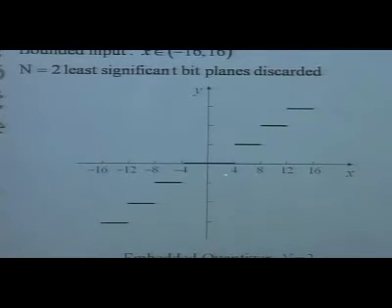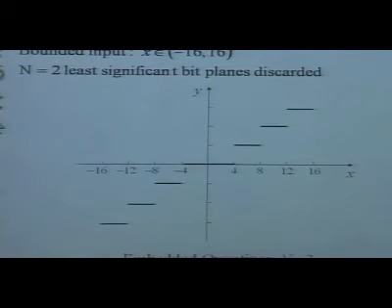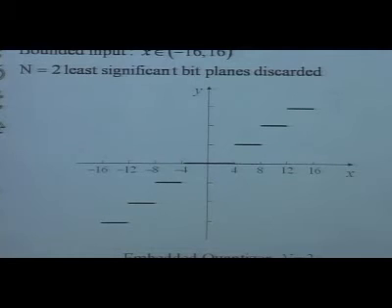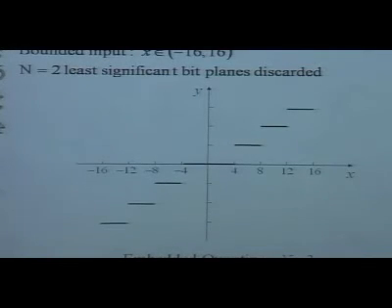How do I put the reconstruction point? Well, in the middle is one way. But the optimal way is to observe the PDF of x and put the midpoints accordingly. So that's the optimal thing to do.